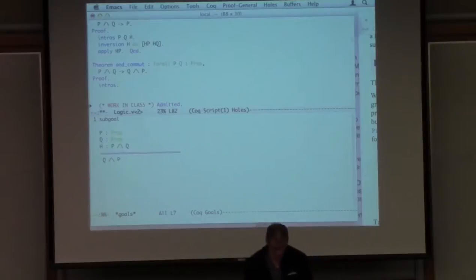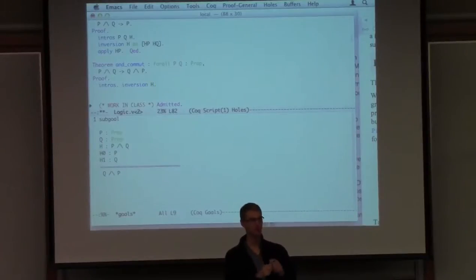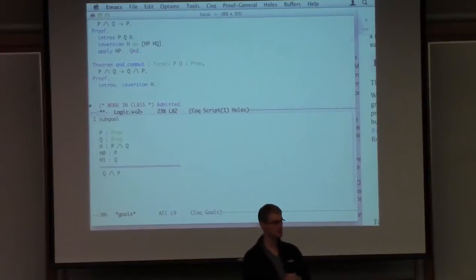So inversion would be a good way to get the juice out of the hypothesis that we have. So inversion H splits H, so it keeps H, but also dumps into the hypotheses the evidence that must have been used to construct H. So we have now P and Q. And now what?